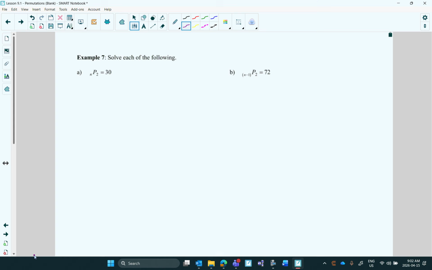How do we solve permutation equations? Well, we have to use the permutation formula. nP2 means take the first one, n factorial, over n minus the second number factorial, is going to equal 30.